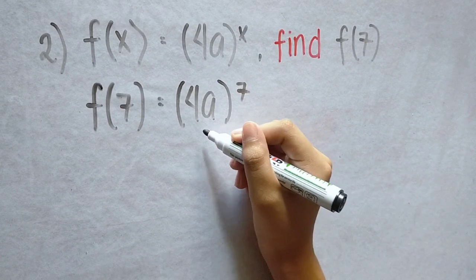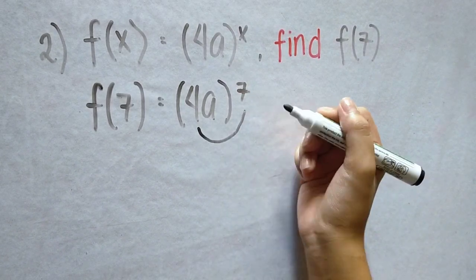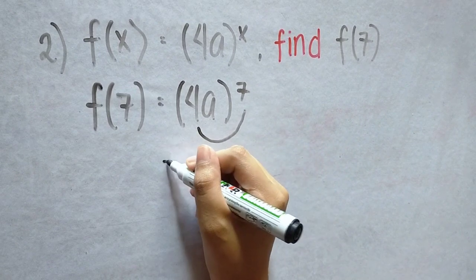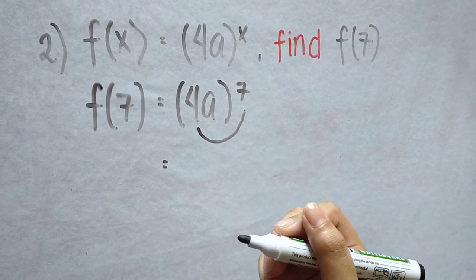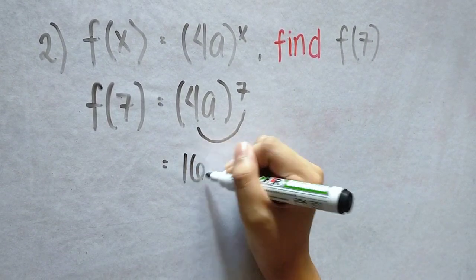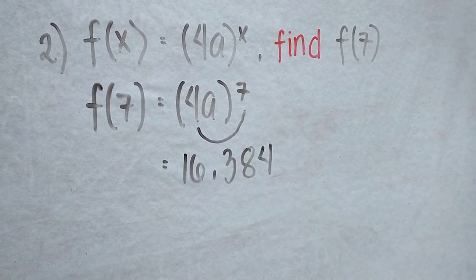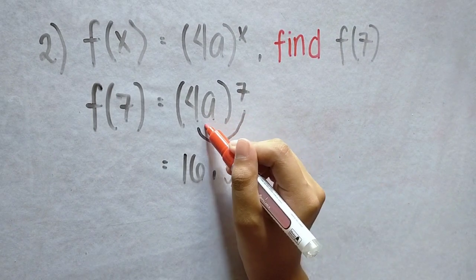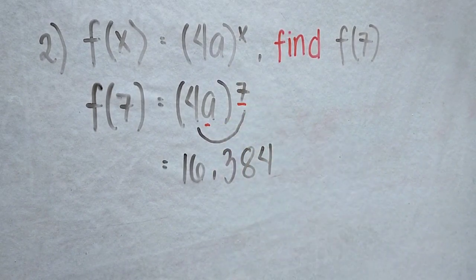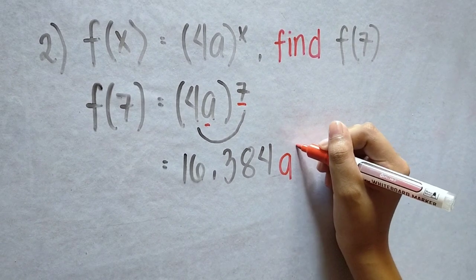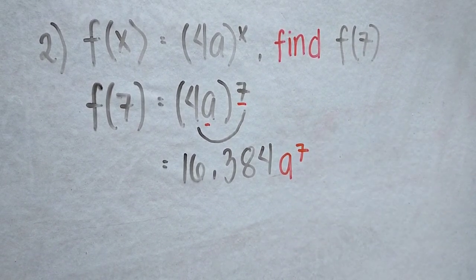First, just solve this first. 4 raised to 7. If isa-solve nyo sila sa calcu, ang lalabas na answer is 16,384. Next, copy the letter and the exponent. You might ask, bakit lang siya i-copy?